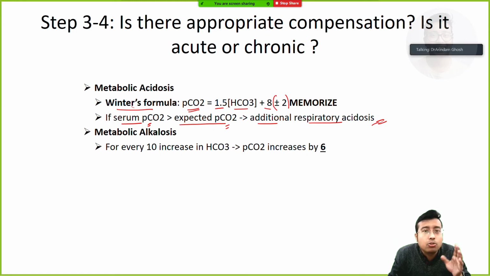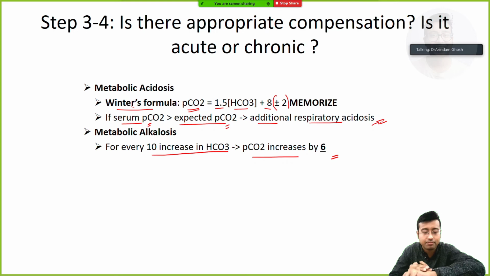If serum PCO2 is more than expected PCO2, there is additional respiratory acidosis, not just plain and simple metabolic acidosis. For metabolic alkalosis it is very easy. For every 10 increase in bicarbonate, PCO2 increases by 6. For metabolic acidosis, Winter's formula applies, right? I know it's tough for you, but we need to move on because we are now aiming for a gold medal, right?